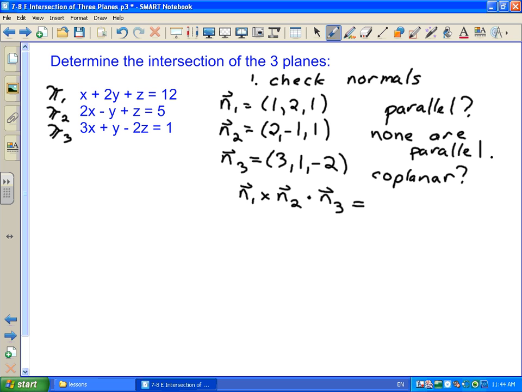Now you've all done the triple scalar product about a few hundred times here, so I'll just let you know that the answer we get here is 20. So what does that tell us if our answer is 20? Are these things coplanar or not coplanar? Again, Richard's shaking his head. Yeah. If this was 0, they would be coplanar, but it's not 0, so these things are not coplanar.